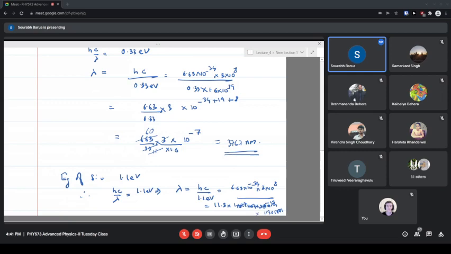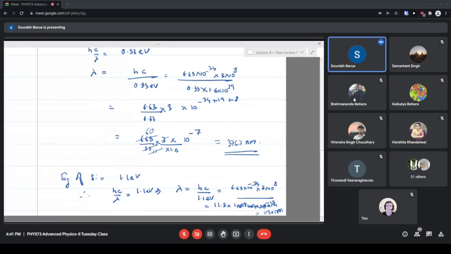So that is what I wanted to tell, that depending upon the band gap of the material which you are using, the wavelengths it is sensitive to also change. That is basically what I was trying to illustrate here.